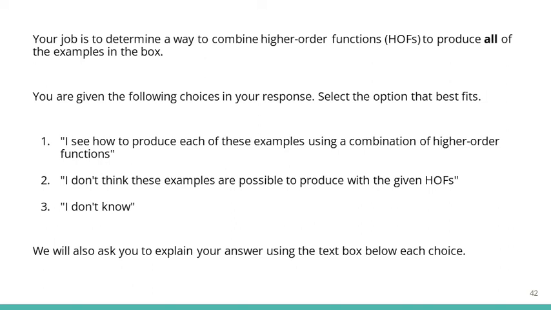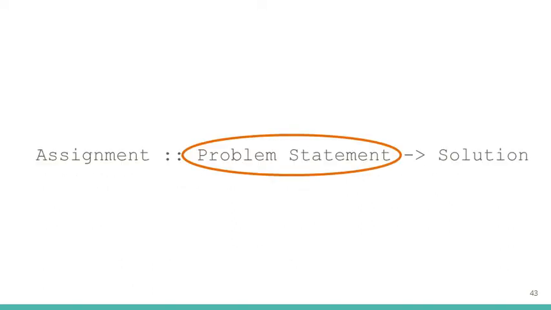You may have noticed that the instructions mentioned a box with examples. We will come back to that in just a moment as we talk about how to present problem statements, the other piece of this puzzle.